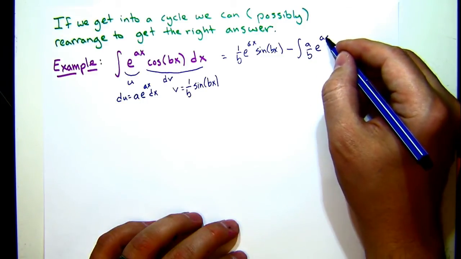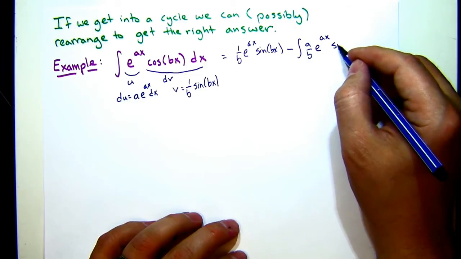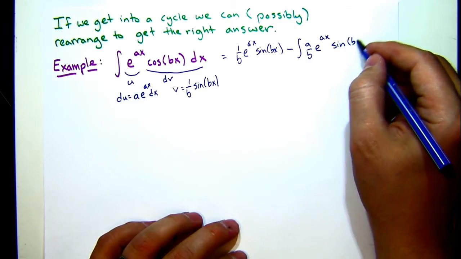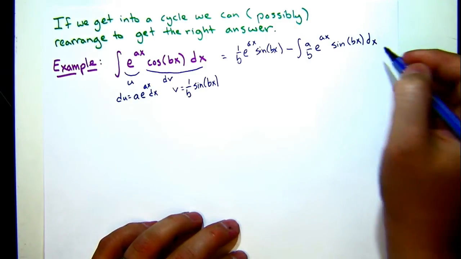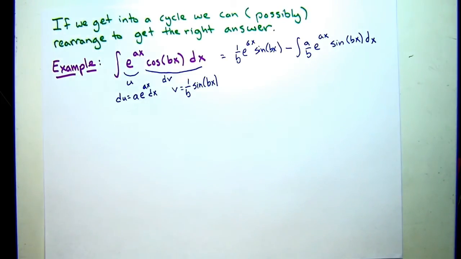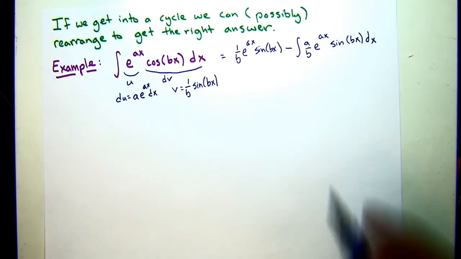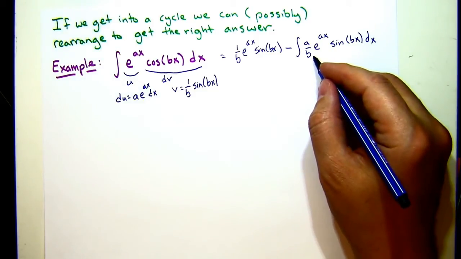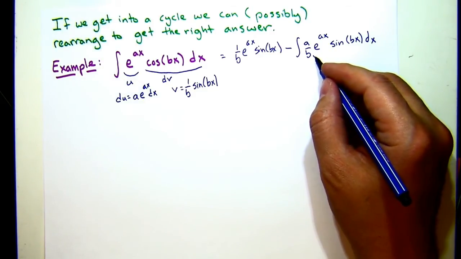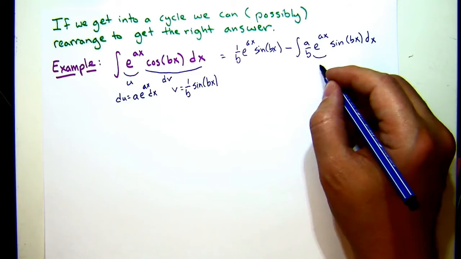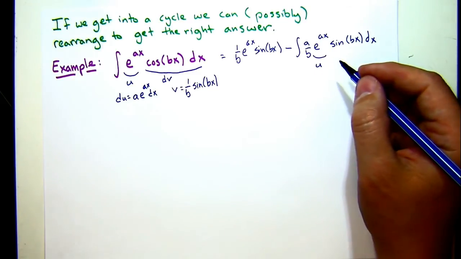So I can write that as a over b e to the ax sine of bx dx. All right, so we've made a little bit of progress, maybe, but we still have more or less the same kind of integral.